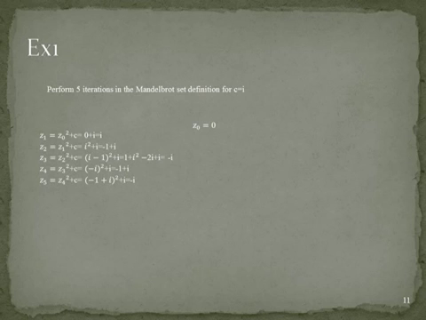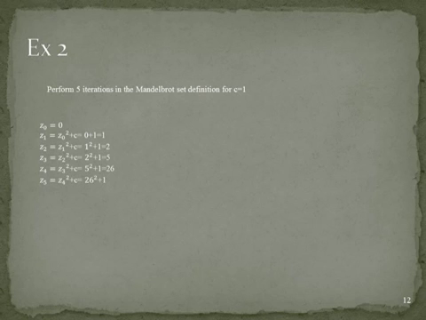Then we are returning to z2. And z5, which is z4 squared plus c, equals minus 1 plus i from the previous step squared plus i, and the result will also be minus i. Here we can say that c equal i is in the Mandelbrot set.